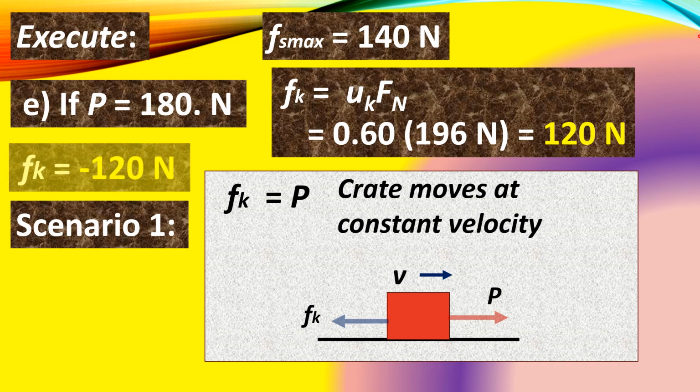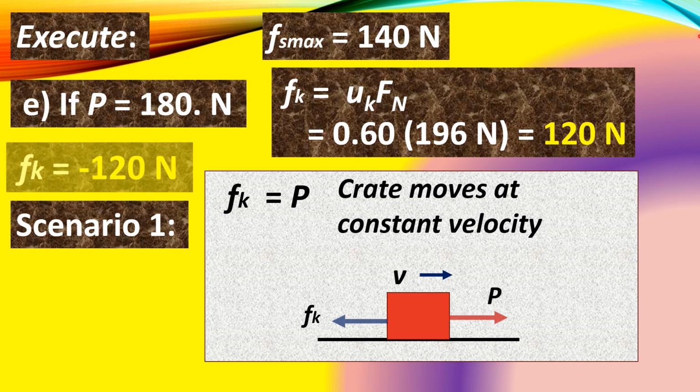So the first law still holds, meaning the sum of the horizontal forces must still be equal to zero. In short, the net force acting on the crate is still equal to zero.